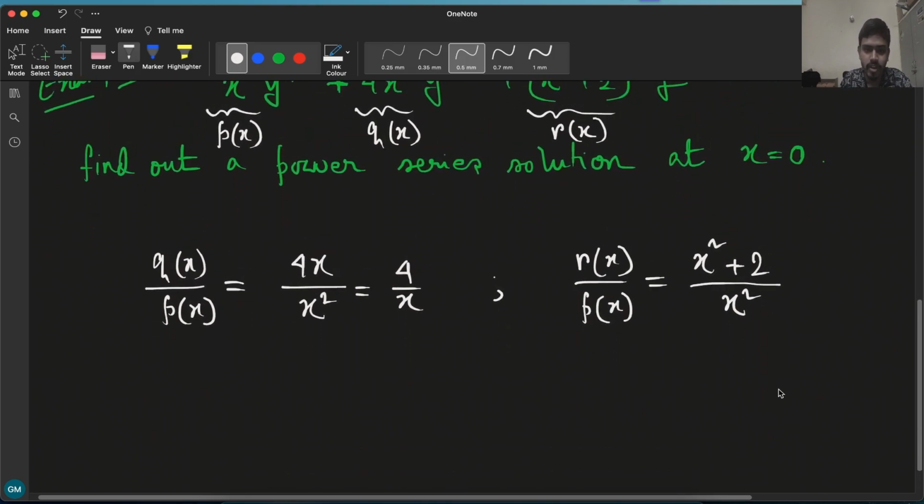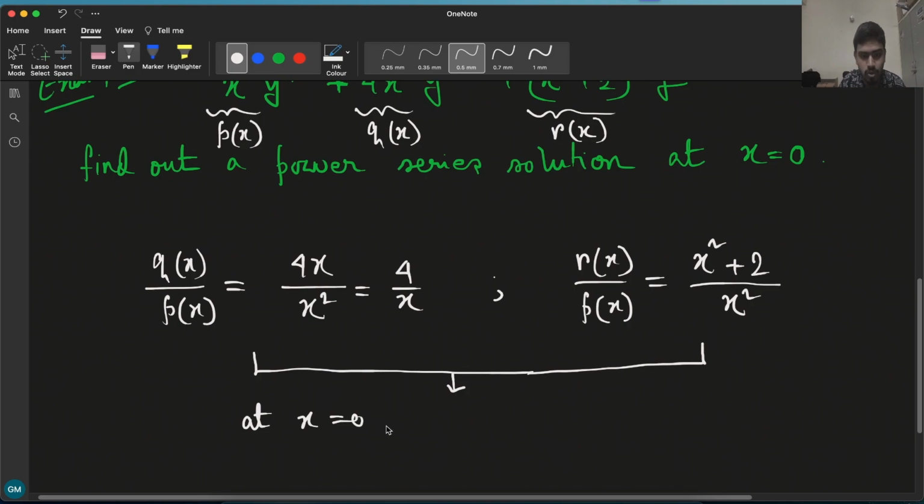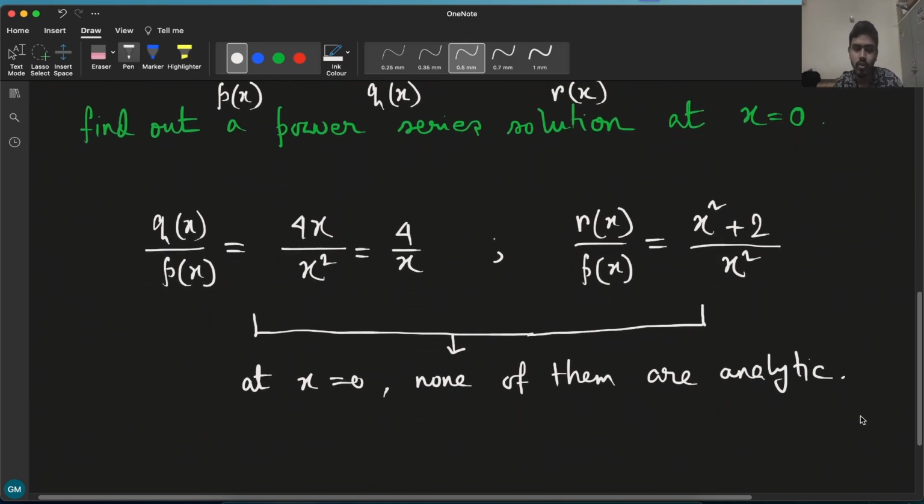You can see at x equals to 0, both these ratios qx by px and rx by px diverge, so none of them are analytic. So what conclusion can we draw from here? We can say that x equals to 0 is not an ordinary point.